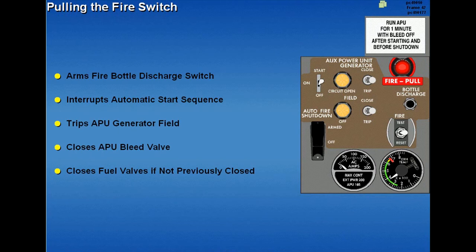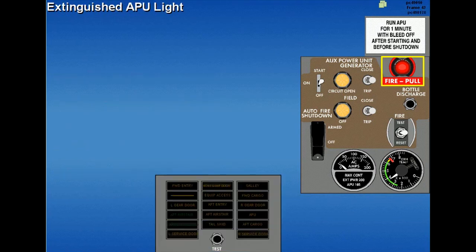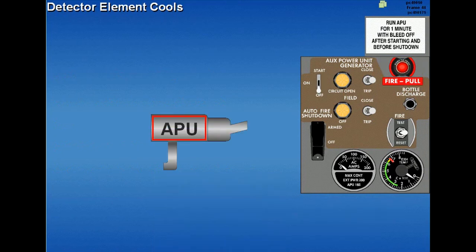With the fire switch pulled, the extinguished APU light is a positive indication the fuel shutoff valve has closed. The light remains illuminated until the detector element cools.